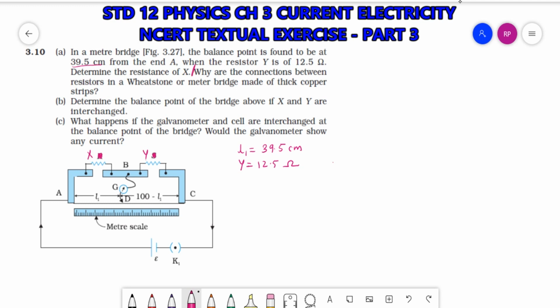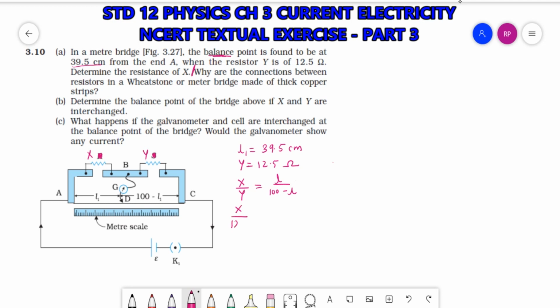So first let's solve this. Now here you can see that when there is no deflection, means at balance point, the Wheatstone bridge is balanced, so we will take the ratio X by Y equal to L upon 100 minus L. So what is the value of X? We don't know.